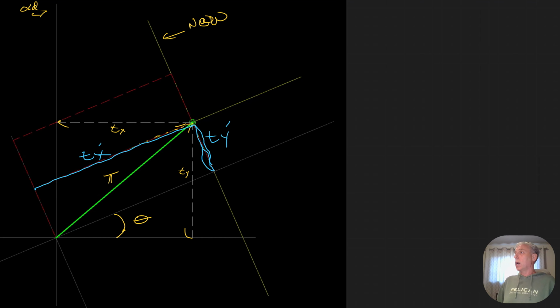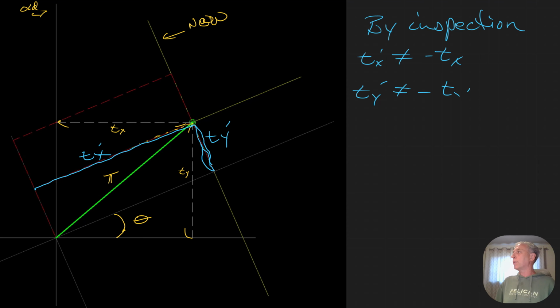So by inspection, with the rotation, tx prime does not equal the opposite of tx, and ty prime does not equal the opposite of ty. They're different magnitudes and they're different directions.